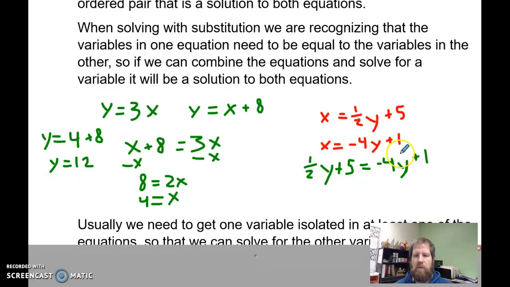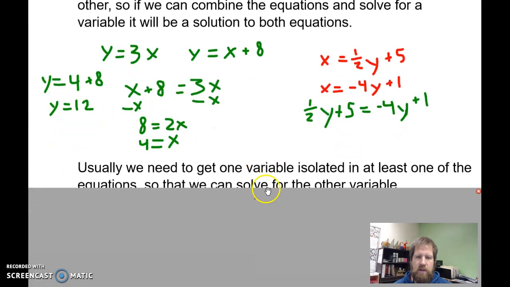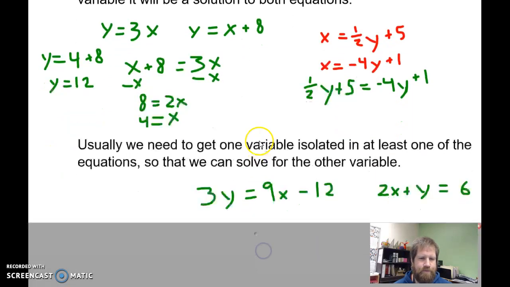I can solve that for y and then go back to figure out x. Don't let the fractions scare you too much. You can figure those out in the same way you would a normal single variable equation, multiplying everything by the denominator, or you can just add your fractions.